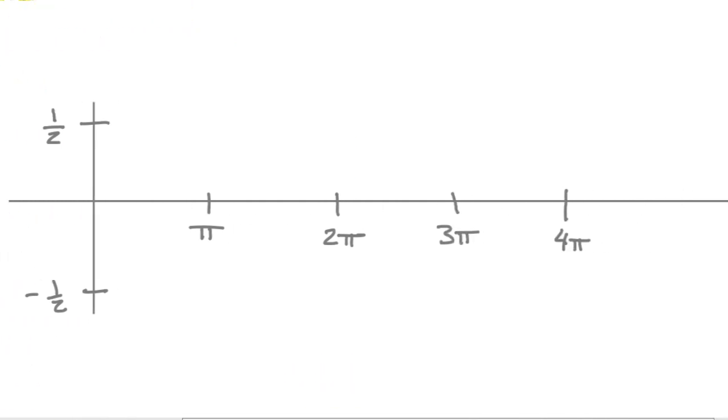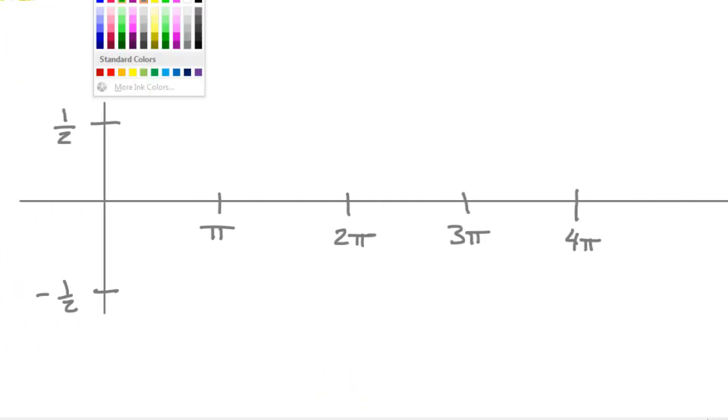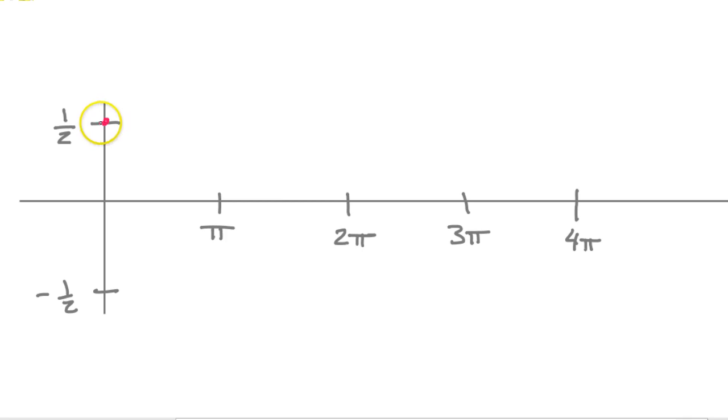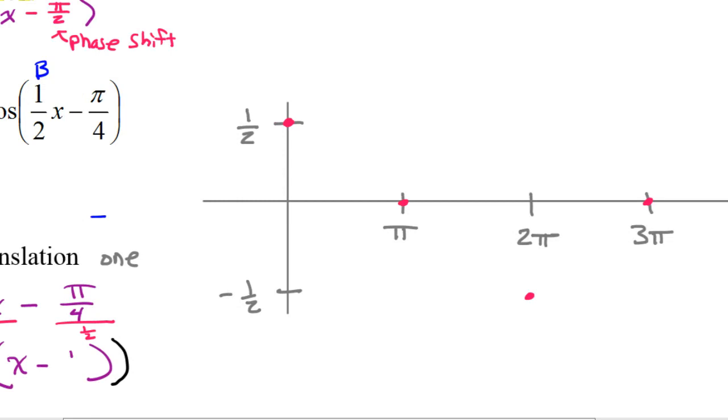Okay, so the cosine function, if there was no phase shift, would start right here. Cosine starts up high, and then it falls to the midline, and then it goes down to its lowest point, and then back to the midline, and then it ends at its high. So that's what the function would look like if there was no phase shift.